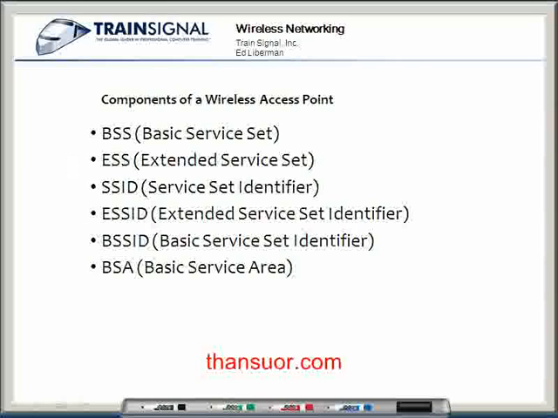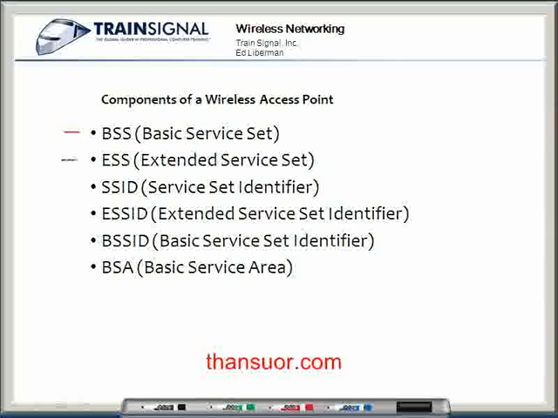The first one I have listed here is BSS, which stands for Basic Service Set. Now this term is actually a pretty simple one. It just means that you have a wireless network with one wireless access point. In your smaller environments, maybe a home network or small office network, you're going to be utilizing a basic service set.